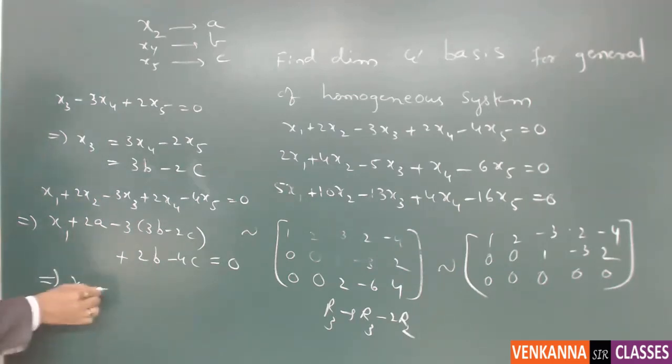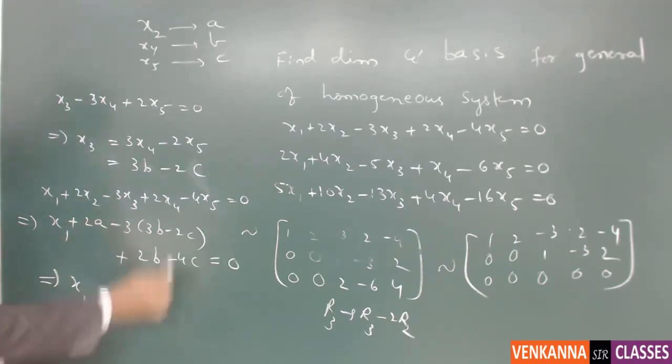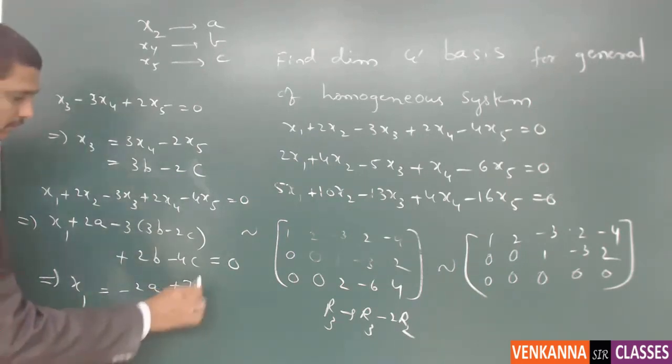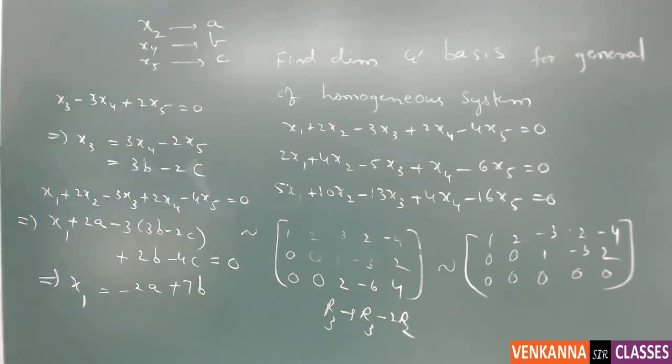From this, x1 is equal to minus 2a, and could you give me the values of it? Plus 7b minus 2c.